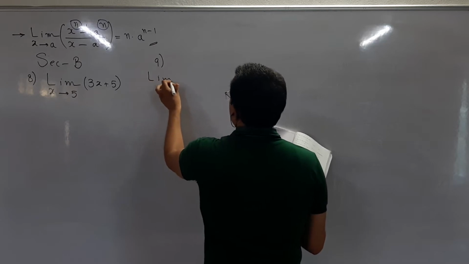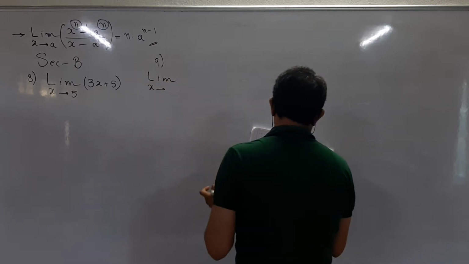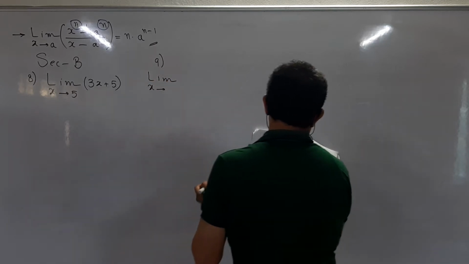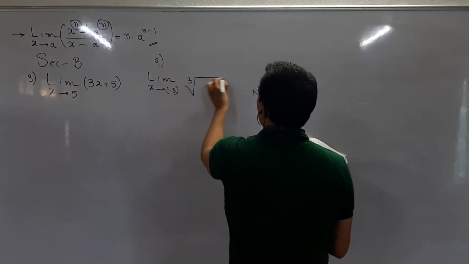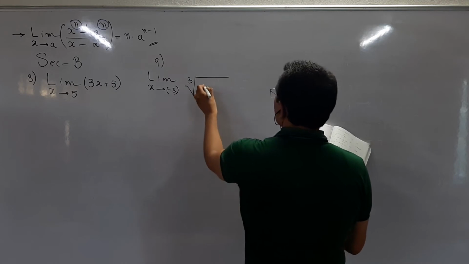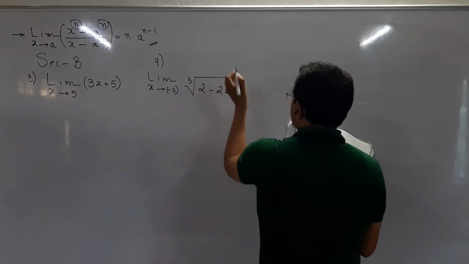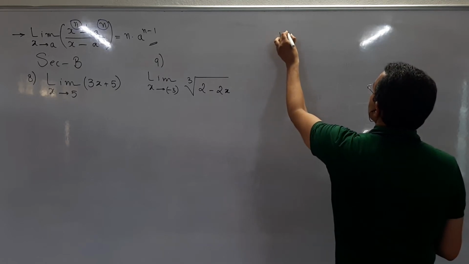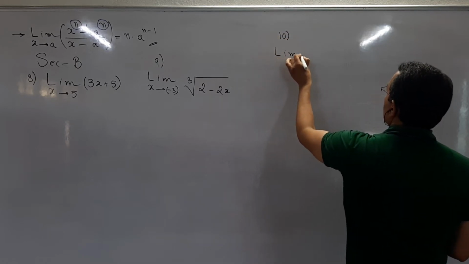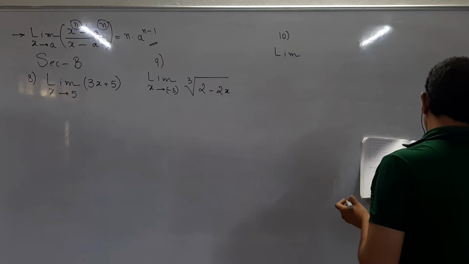Find the value of limit x tends to -3, cube root of 2 minus twice x. Okay. Then, students, I am writing sum number 10. Limit x tends to 0.